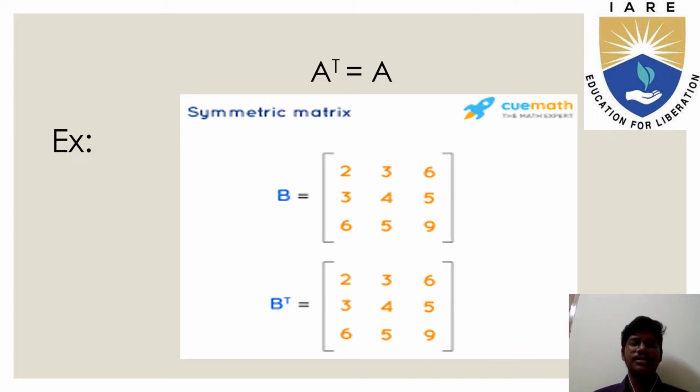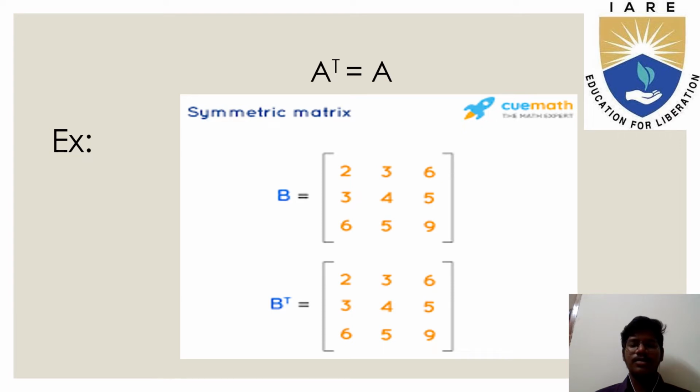Here we can see one example of a symmetric matrix. Let's take B equal to a matrix. The first row is 2, 3, 6, the second is 3, 4, 5, and the third is 6, 5, 9. Then the transpose is B power t, when the columns are interchanged with rows.